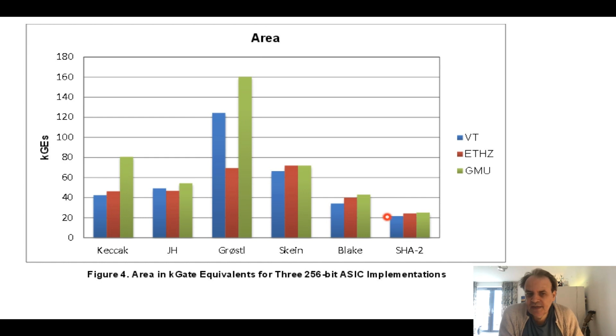SHA-2 does well here, and Blake itself did very well. So Blake probably won this section.